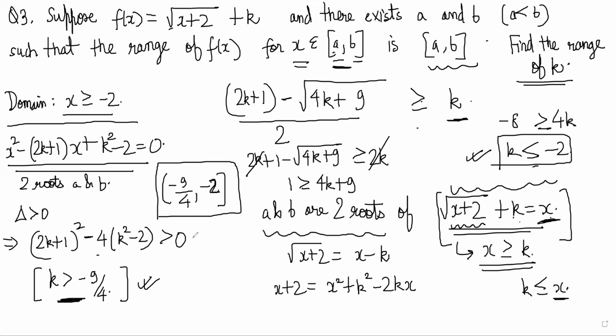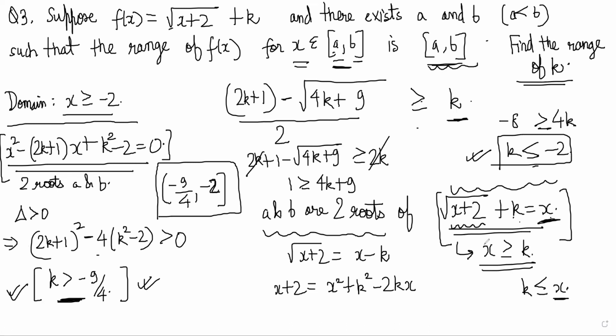How did we solve this problem? We first realized that the function is a monotonically increasing function. So its values will increase from when we put a in it to when we put b in it. And that range must be equal to a and b. And because that must be equal to a and b, we got that a and b are the roots of this quadratic after simplifying a little bit. So the first condition is obviously the discriminant condition, which means the discriminant is positive, which gives us one bound for k.